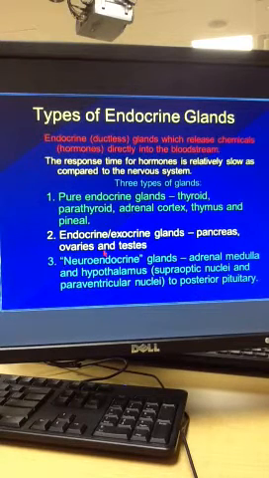And then we have neuroendocrine glands, the adrenal medulla and the hypothalamus. Neural stimuli, action potentials act on those structures to bring about the release from the adrenal medulla of epinephrine and norepinephrine. And in the hypothalamus, it stimulates the release of oxytocin and ADH to be stored in the posterior pituitary.